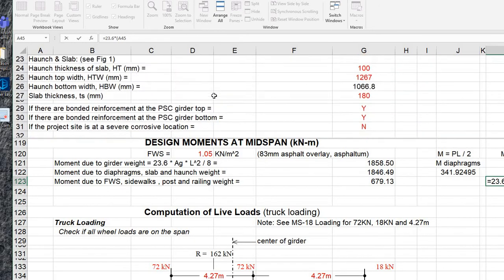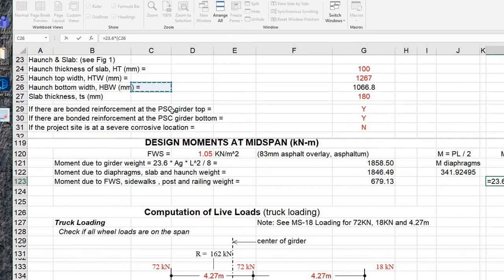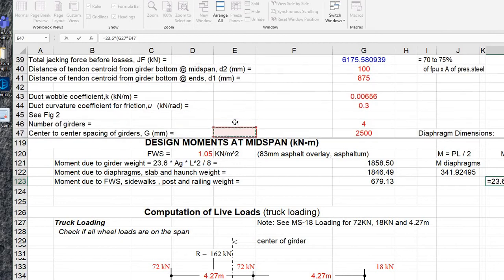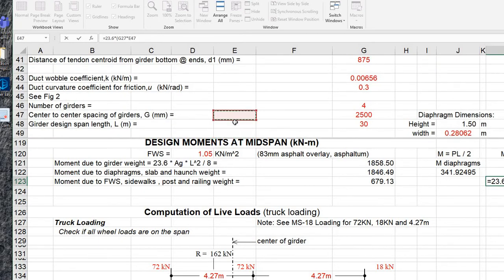Okay, ito siya. Thickness of slab, 180. Then, multiplied by girder spacing with G, which is, asan si G? Yan. 2,500.